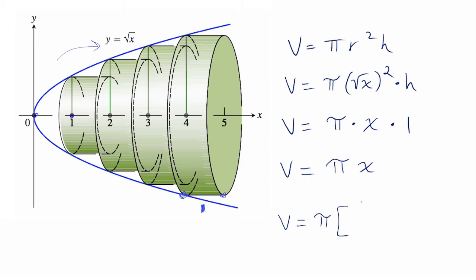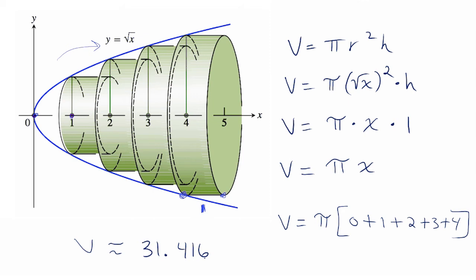So the first value that we use is 0 plus 1 plus 2 plus 3 plus 4, and we approximate that to 3 decimal places. We get 31.416, and the units would be cubic feet as an approximation of the volume of this nose cone.